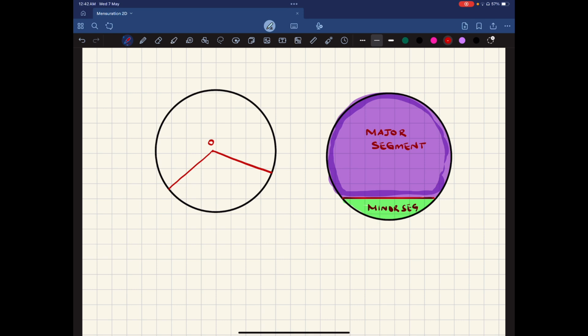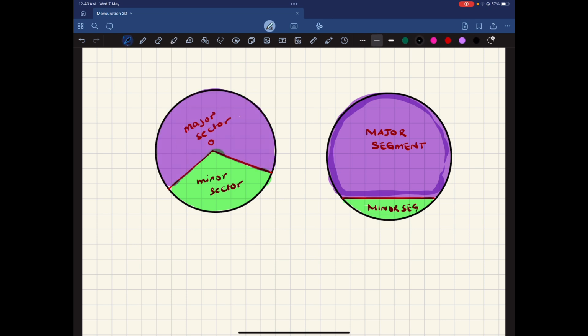So this is major sector and this is minor sector. Okay, so this is minor sector and this is the major sector.